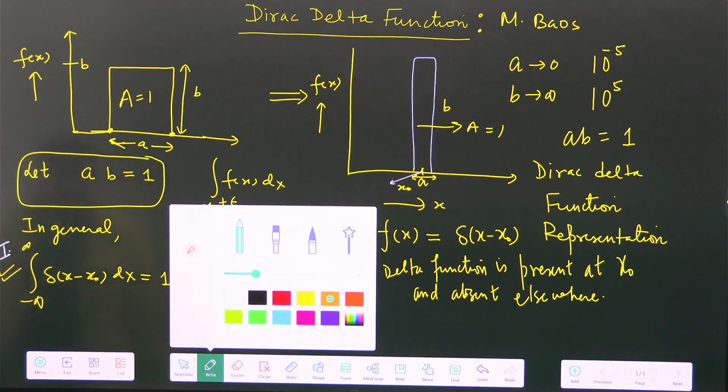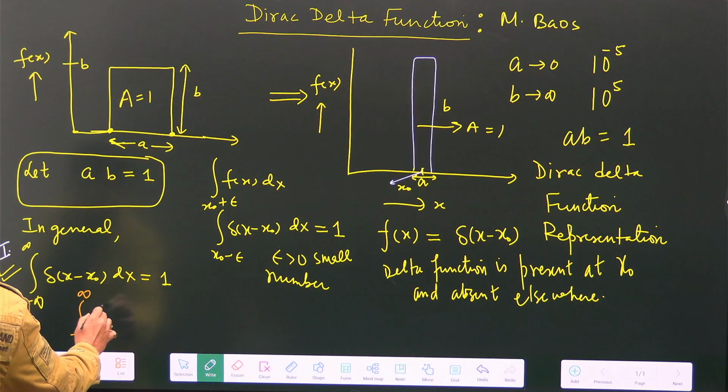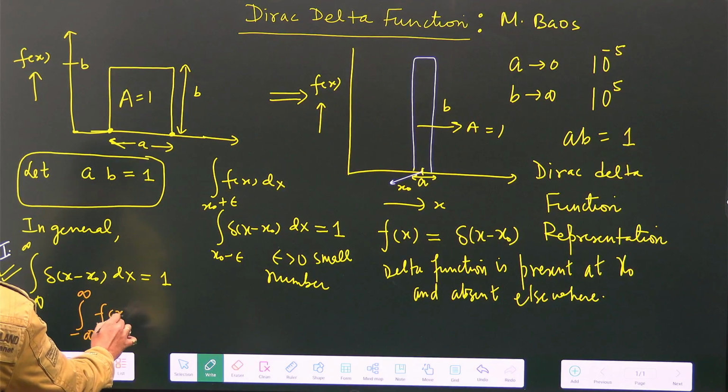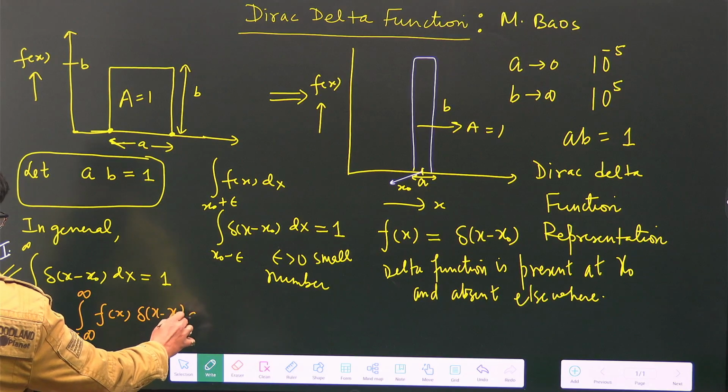And the second property is like this. If I write integral minus infinity to plus infinity f(x) delta function (x minus x naught) dx.